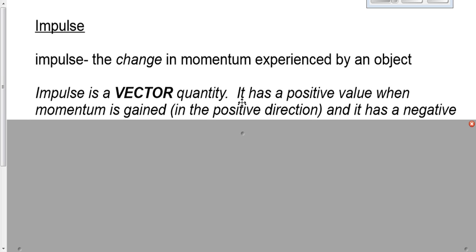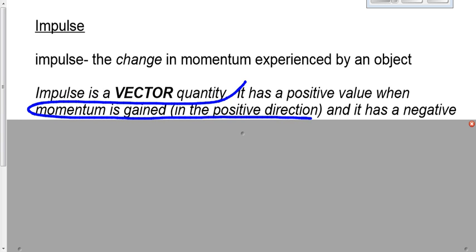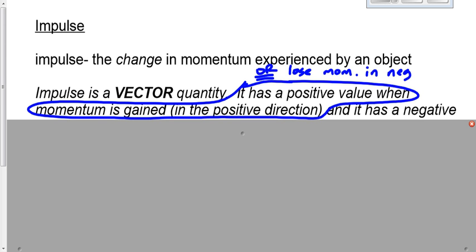When you speed up or gain momentum in the positive direction, when you slow down or lose momentum in the negative direction, either one of those is a positive impulse. So let me circle this in blue and say or lose momentum in the negative direction.